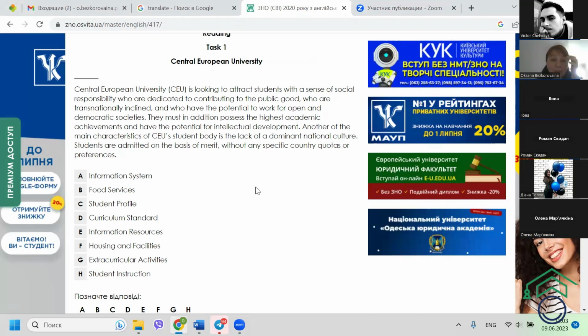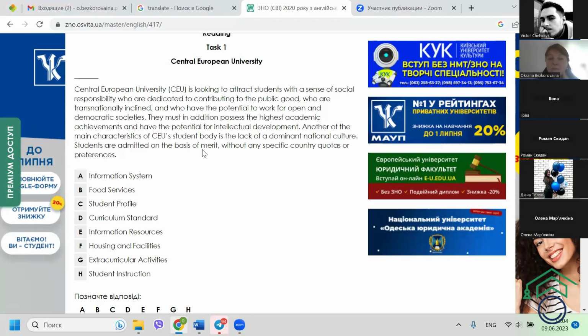They must in addition possess the highest academic achievements and have the potential for intellectual development.